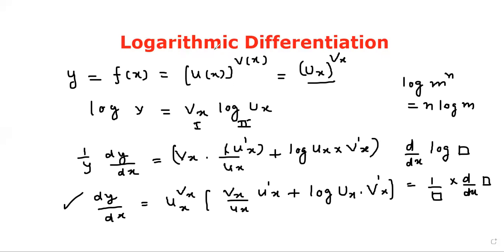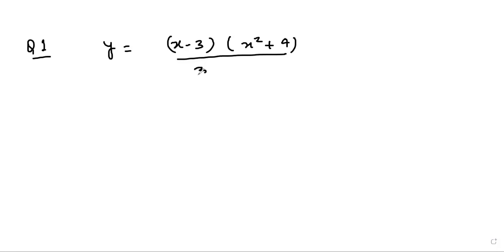So this is our answer. Now let's take some examples to understand it clearly. So question number 1. Suppose we are given y equal to (x minus 3) times (x squared plus 4) divided by (3x squared plus 4x plus 5), whole power half, or square root. So we take log.